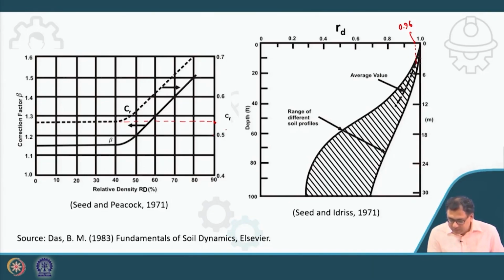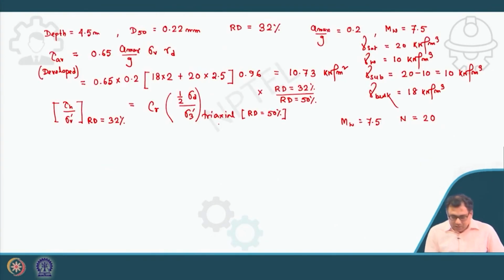This is 0.5, this is 0.55, this is 0.6, so this will be 0.54. So that means CR is 0.54 from the chart.